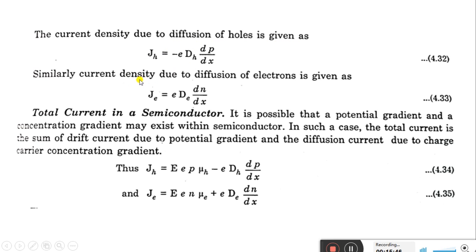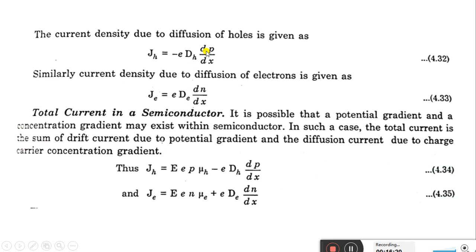Similarly, the current density due to the diffusion of electrons can be written as follows. For the case of electrons we will take E with minus charge. Here we have taken E with plus charge, so here we take E with minus charge, then this minus will become plus. So this will become E, and in place of DH we will write DE, because DH is for holes and DE is for electrons.